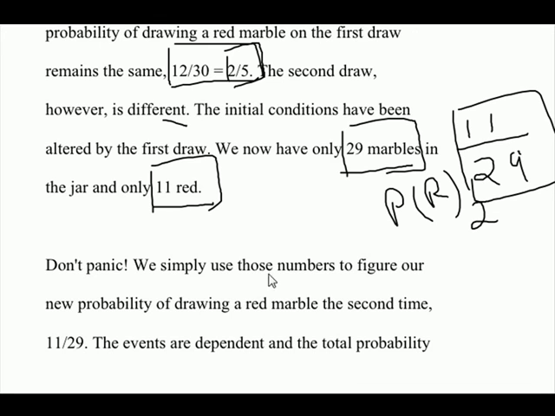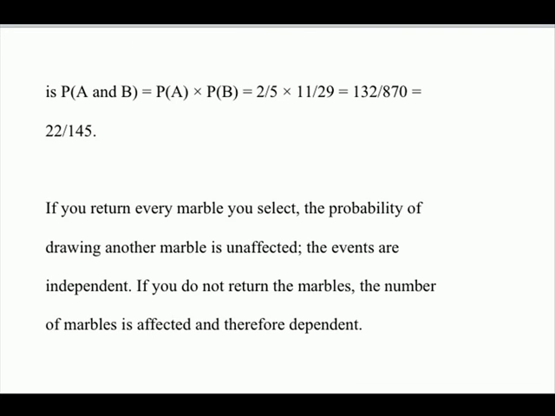So looking at it in a more formal way, here is the explanation, and as it says, the probability of getting A and B at the same time is P(A) into P(B), as we discussed before. So 2 by 5 into 11 by 29, which is 22 by 145.